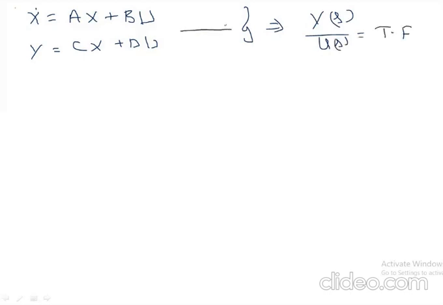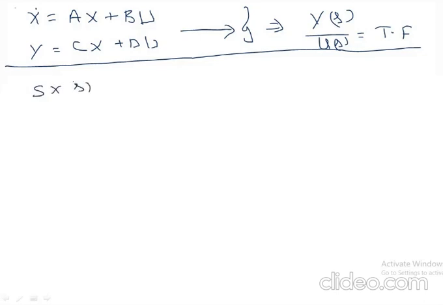For this state model, you need to convert it to the transfer function. Here the equation is given in terms of x dot. Hence, to get it in terms of y of s, let me apply Laplace transformation.